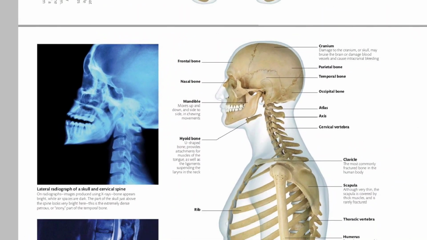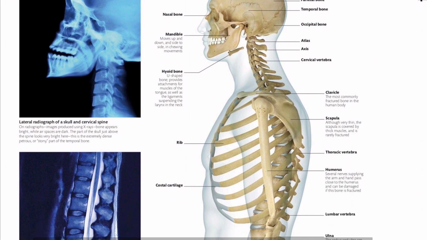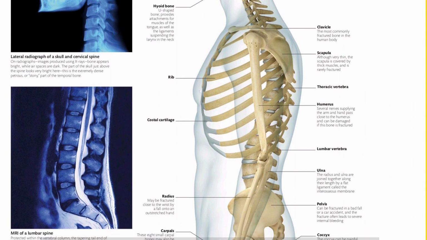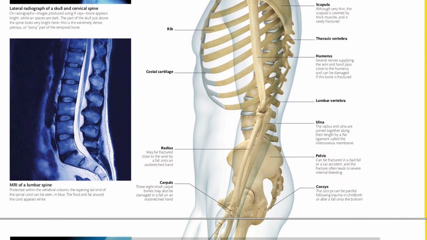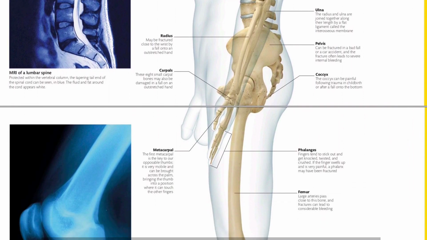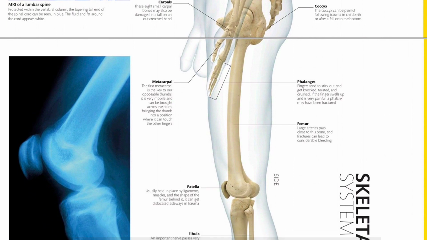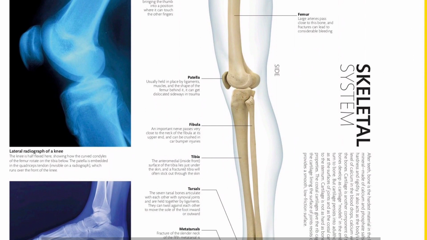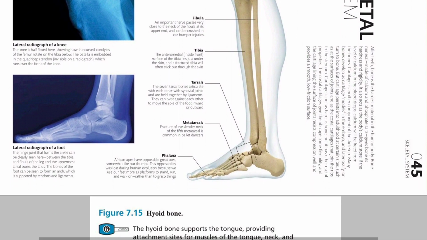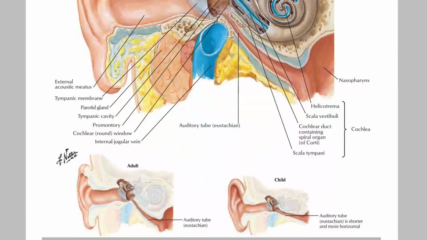You can go through all the names. Sideways, how these bones look, all the details are written. If you are interested you can read the information of all the bones. This was the hyoid bone and the ear ossicles.